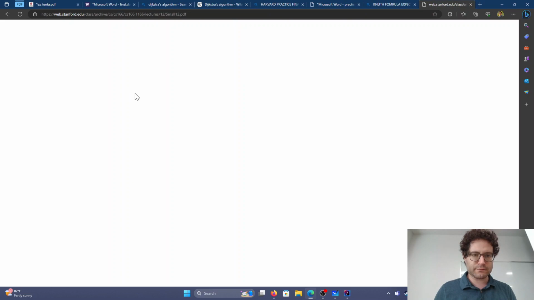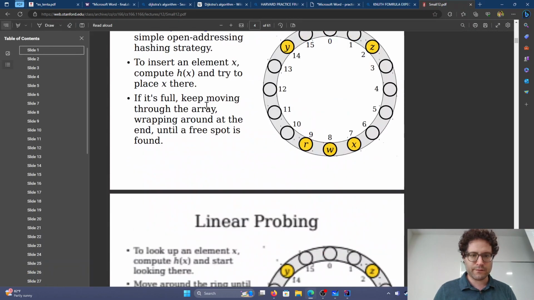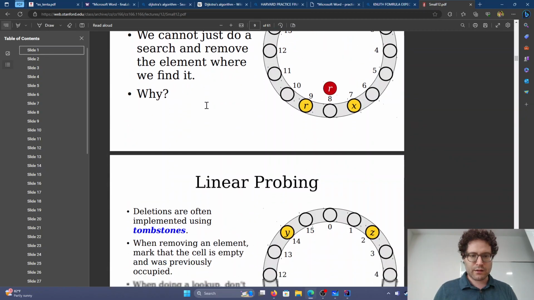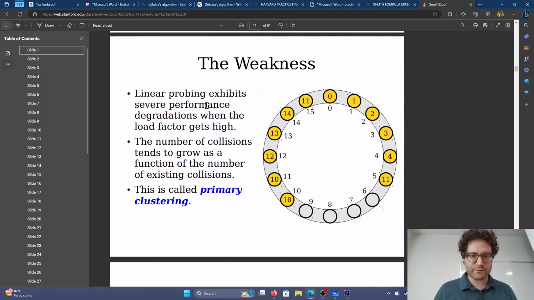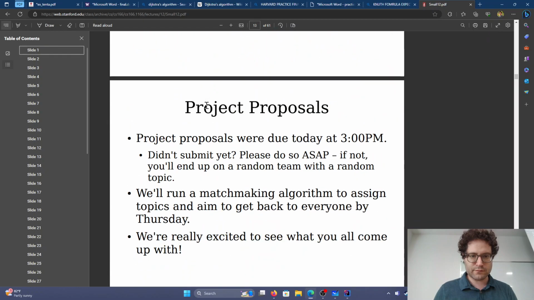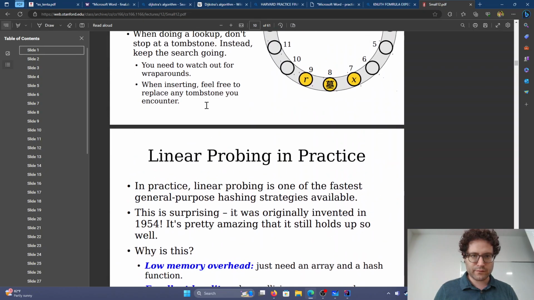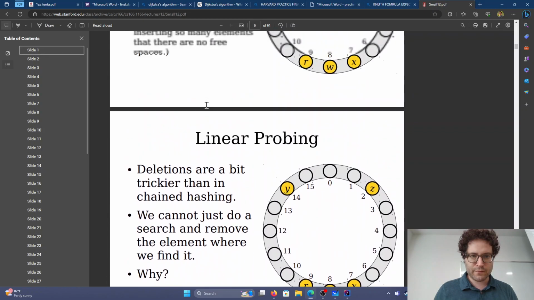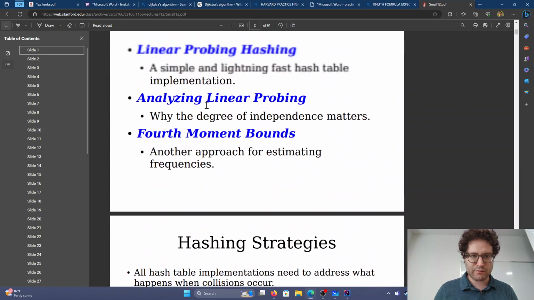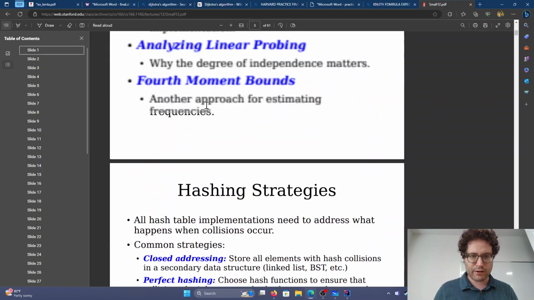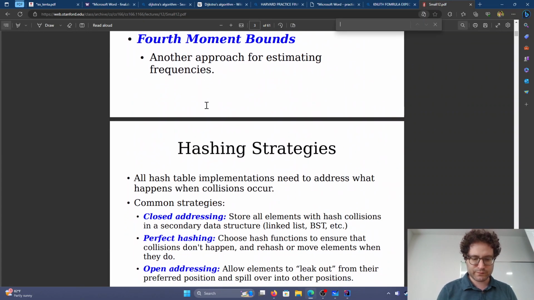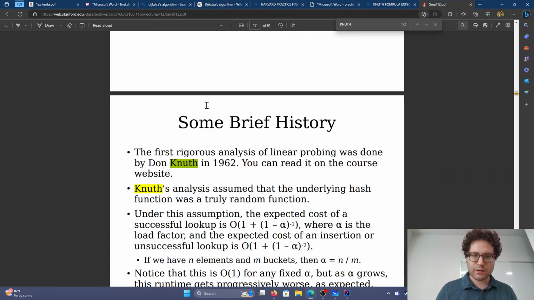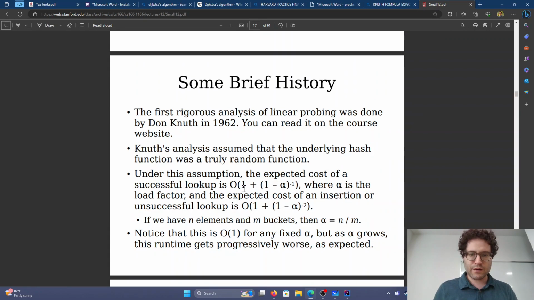Here we go, with linear probing, which is what we're assuming here.